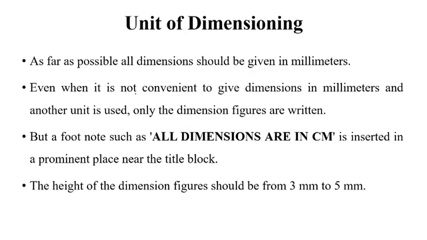Now next we have the unit of dimensioning. As far as possible, all dimensions should be given in millimeters. Even when it is not convenient to give the dimensions in millimeters and another unit is used, only the dimension figures are written.